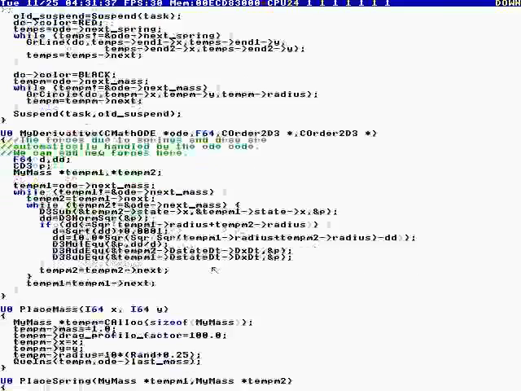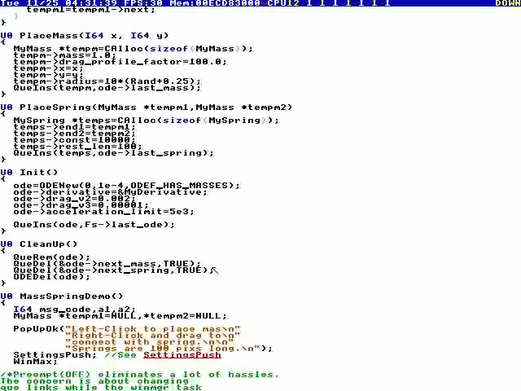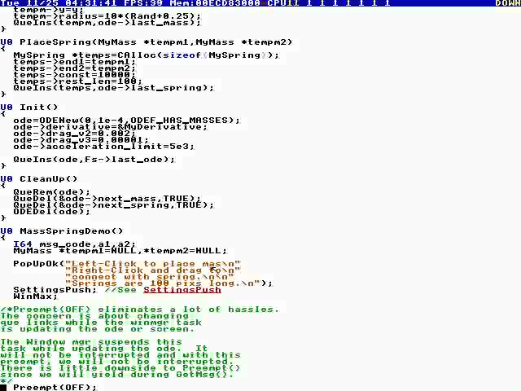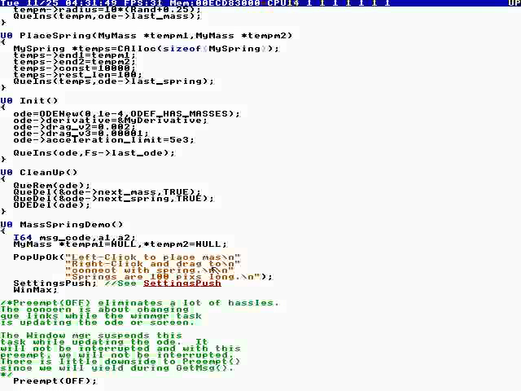So you make a derivative, and then it automatically updates the differential equations, just like it updates the screen automatically. So here's where it initializes. You have to give it the derivative function, and I set it up with some drag so that in this application they dampen.